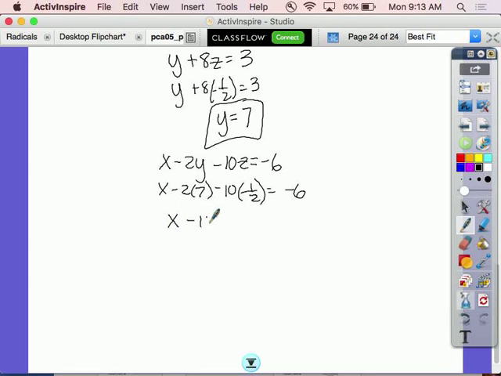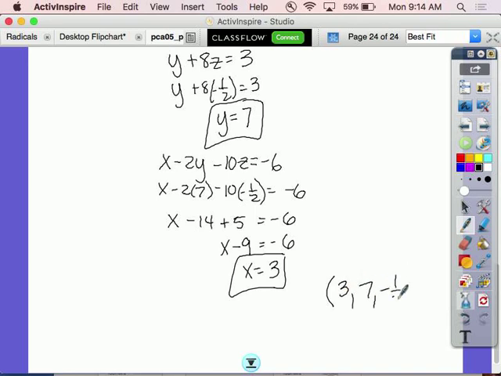So x minus 14, negative 1/2 keeps looking like a positive 1/2, y'all. That's a negative. Plus 5 equals negative 6. So we get that x equals 3. So our final solution, the solution to your problem, is 3, 7, negative 1/2. X, Y, Z.